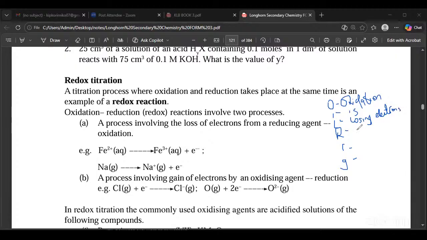Then reduction. Now you can know it is the opposite, because reduction is gaining electrons. Gaining electrons.